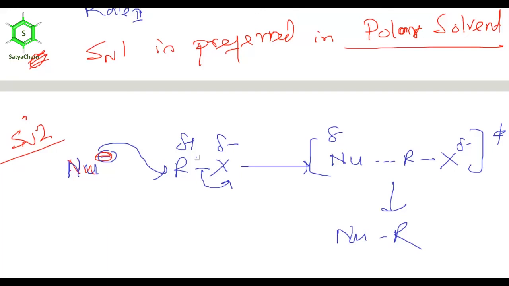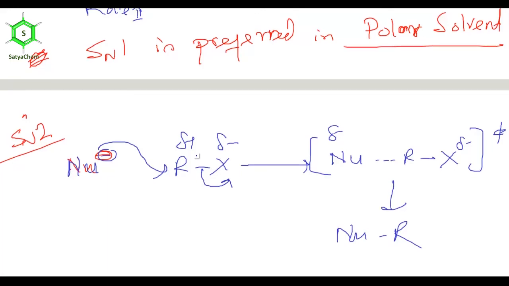I am not going to say right now what happens in the case of polar aprotic solvent. This statement is true for polar protic solvent, and how, I will discuss after some time. Increasing the solvent polarity is found not to alter the rate of reaction significantly, and in fact there may be a slight decrease in the reaction rate.